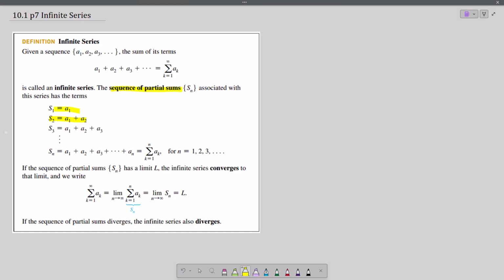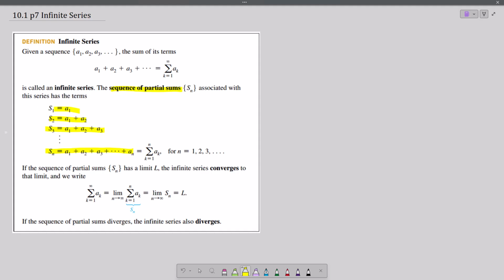So we're going to keep adding one term and create a whole new sequence called the partial sum sequence. And so we create this S sub n sequence. If we look at the nth term of the S sub n sequence, it's going to be the sum of the first n terms. So that's what the sequence of partial sums is. We just look at this new sequence, and each term is a partial sum.